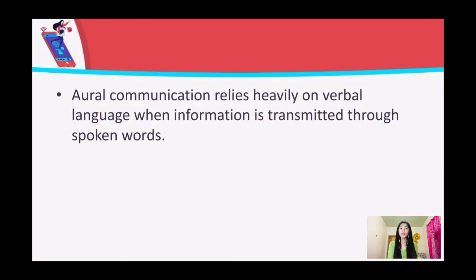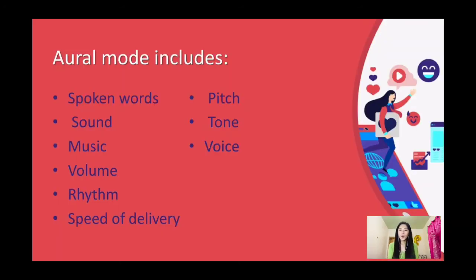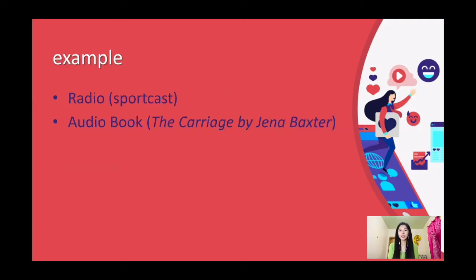Also, oral communication relies heavily on verbal language when information is transmitted through spoken words. Oral mode includes spoken words, sound, music, volume, rhythm, speed of delivery, pitch, tone, and voice.